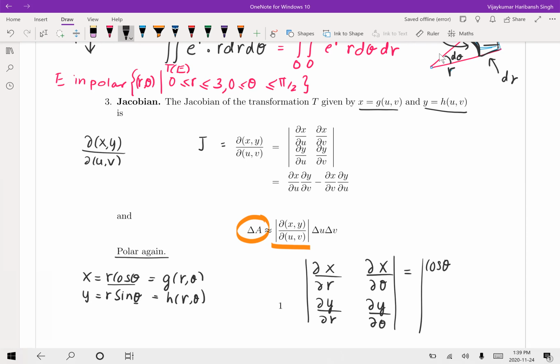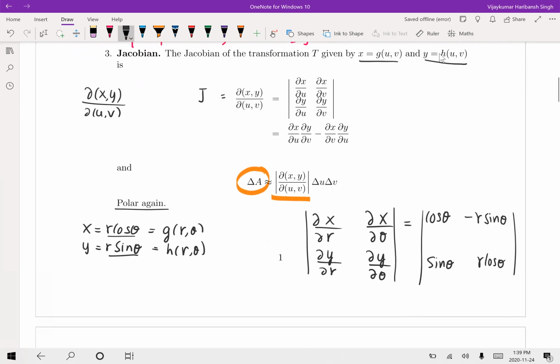Partial derivative of y with respect to r is going to be sine theta. Then the partial derivative of x with respect to theta is going to be minus r sine theta. Partial derivative of y with respect to theta is going to be r cos theta. So if you cross multiply, you get r cos square theta plus r sine square theta. That is going to be r.